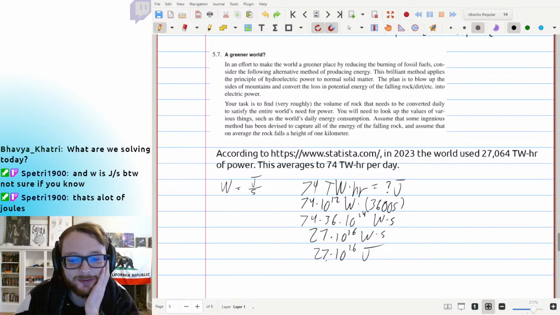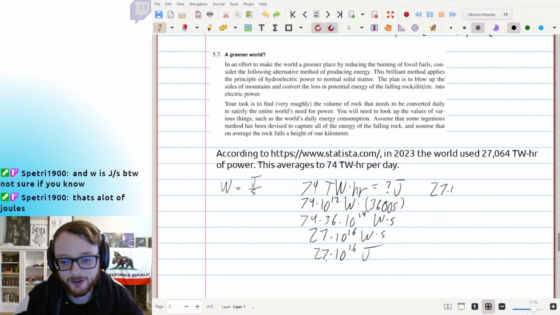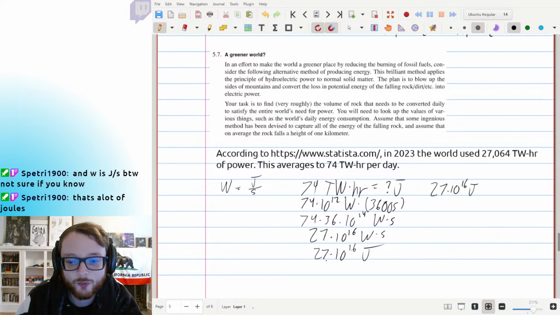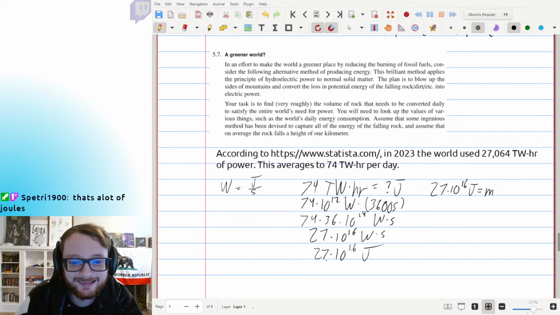So we're going to take 27 times 10 to the 16 joules and set it equal to the mass of rock times gravity, 9.8 meters per second squared, times an average height of 1 kilometer, so 1,000 meters.